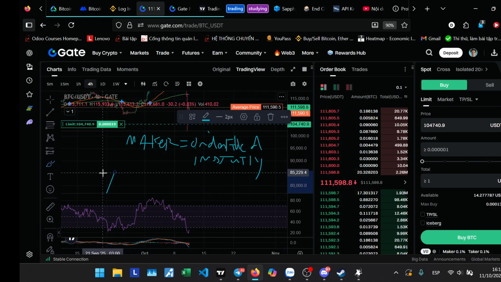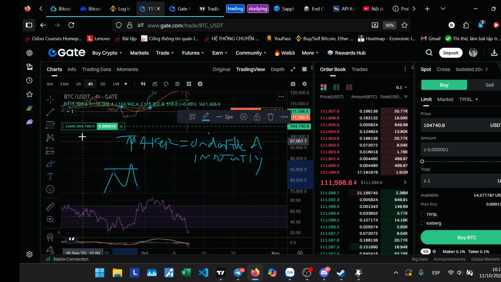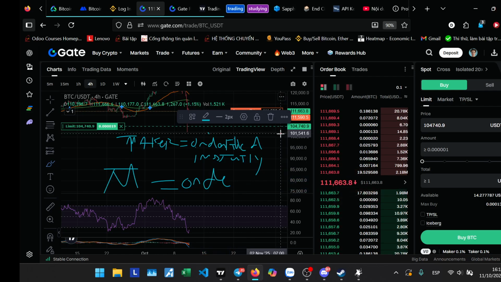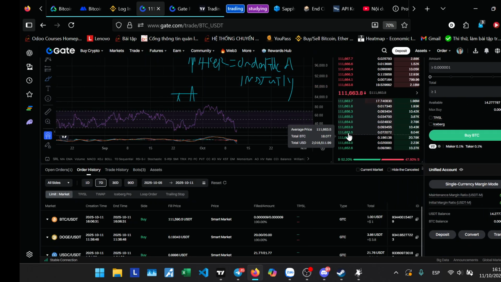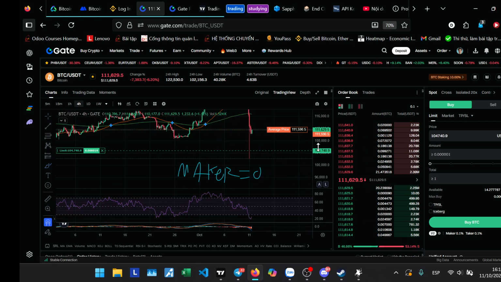They take liquidity. The makers are the ones that put limit orders, so basically orders that are left waiting to be filled. That's why they're called makers.